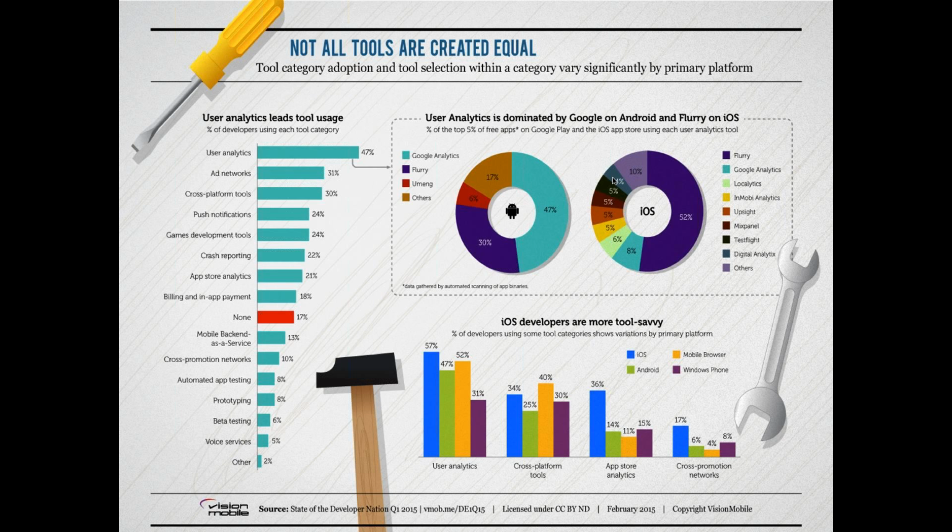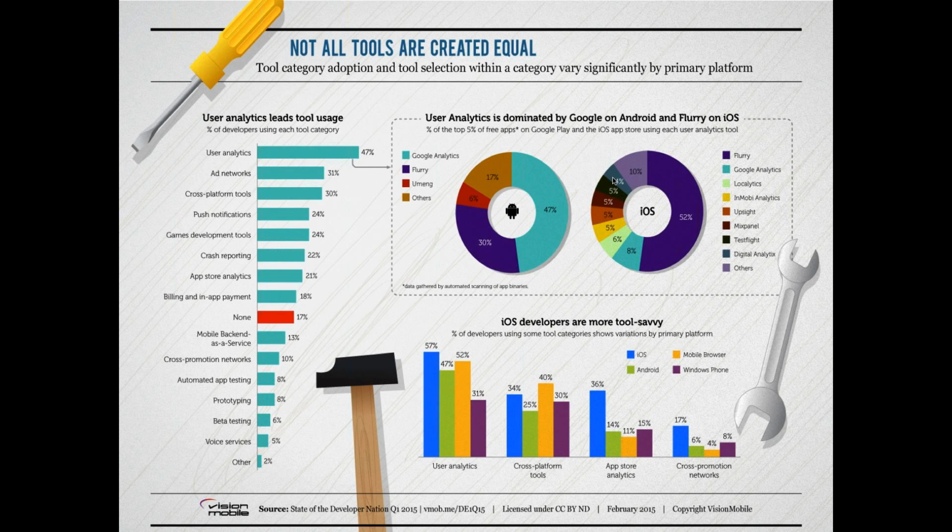I would also point your attention to the chart on the top right, where you see user analytics is dominated by Google on Android and Flare on iOS. This comes from a different data set where we basically analyze tens of thousands of applications, and we figure out what tooling is being used to produce those applications, and we track the top tools in each of these two platforms.